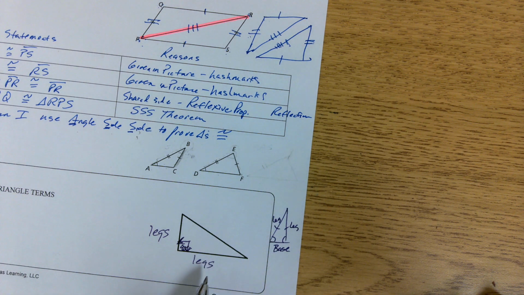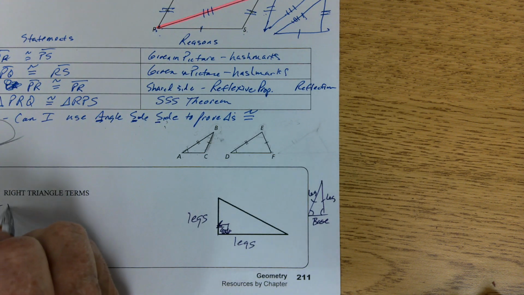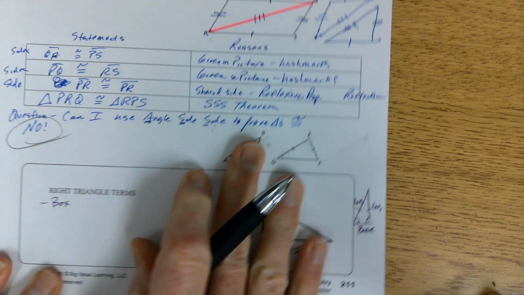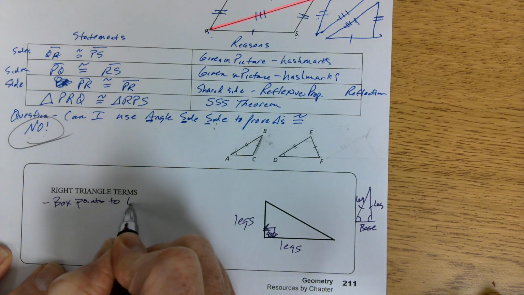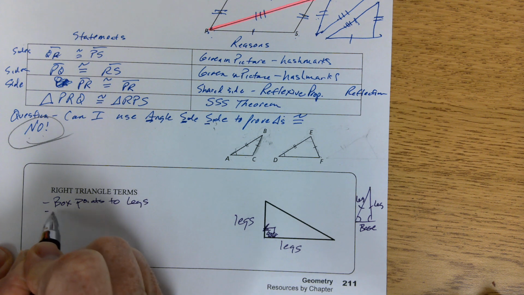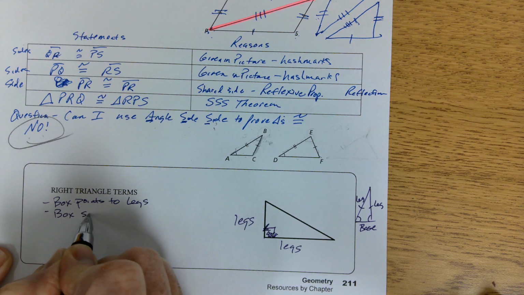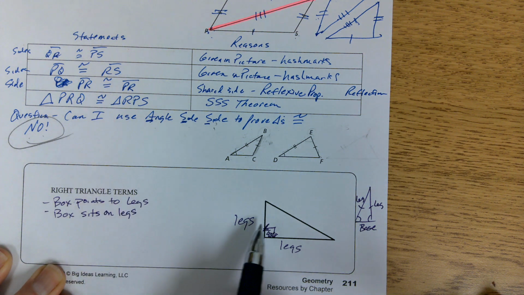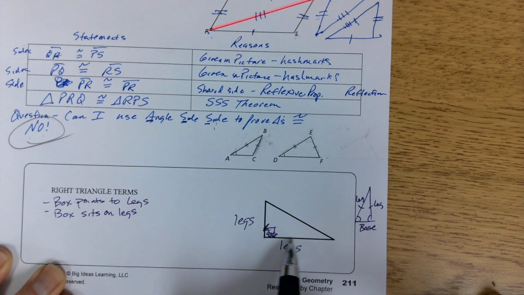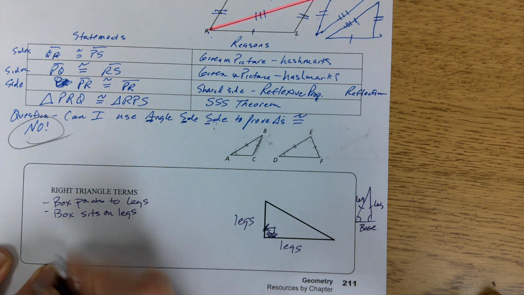We use that same word leg on your right triangles, but these legs do not necessarily have to be equal to each other. So you remember the box points to the legs. The box sits on the legs.